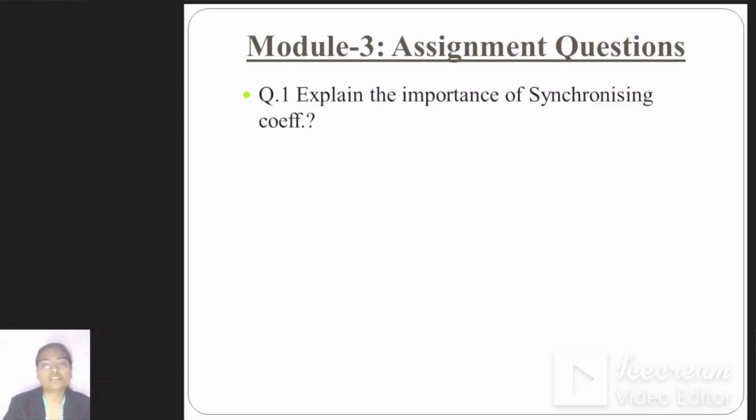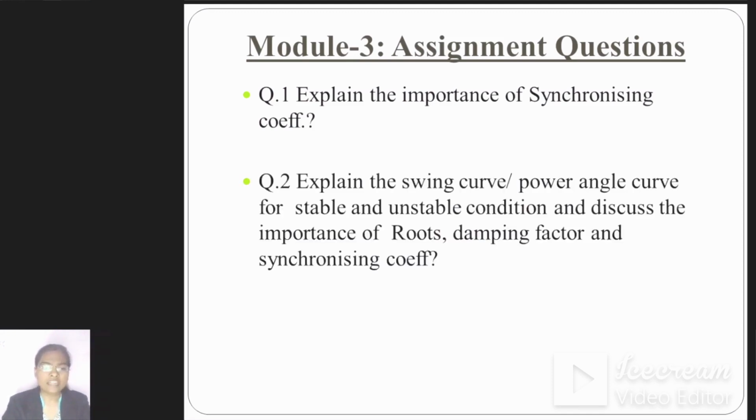You just need to discuss the pros and cons of the positivity and negativity of the synchronizing coefficient in this question. Next is, explain the swing curve or power angle curve for stable and unstable conditions and discuss the importance of roots, damping factor and synchronizing coefficient.